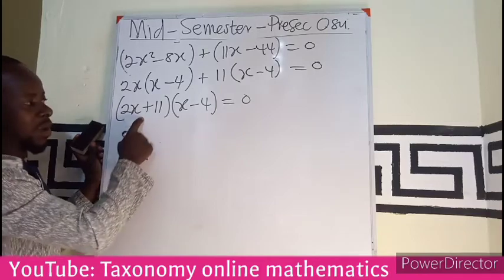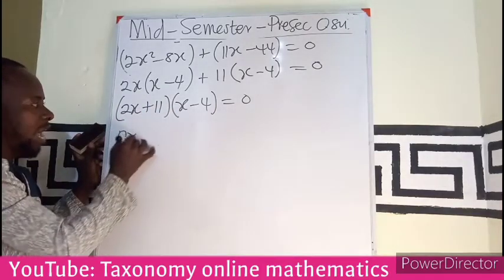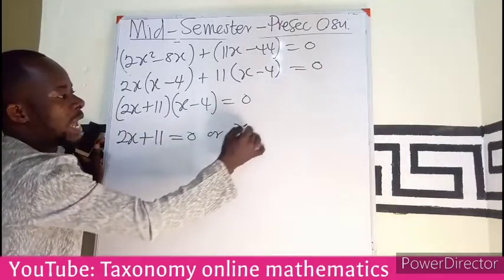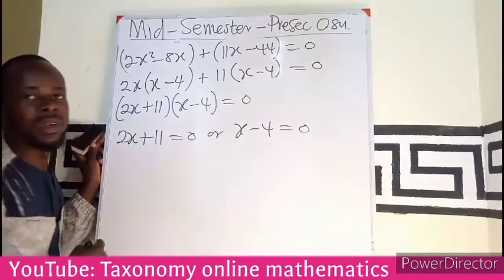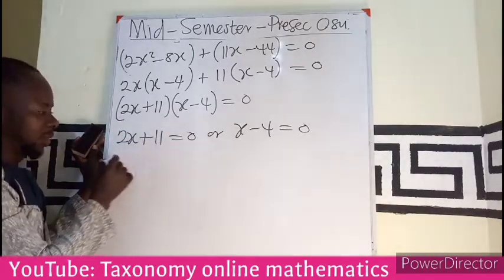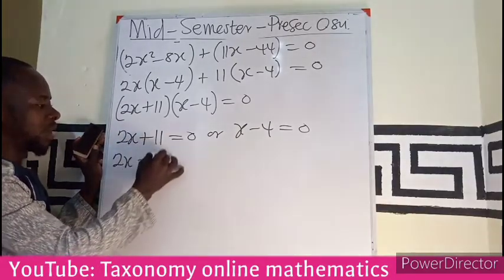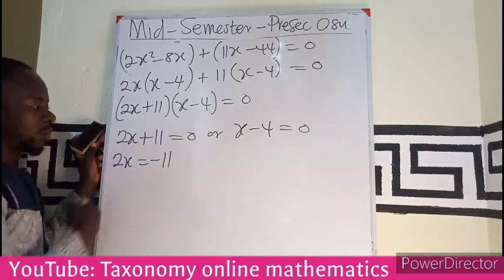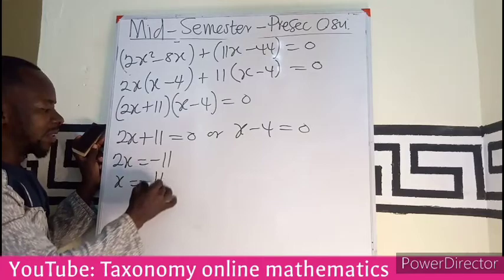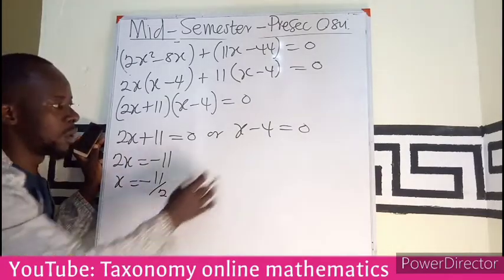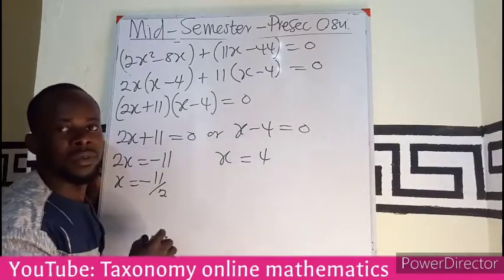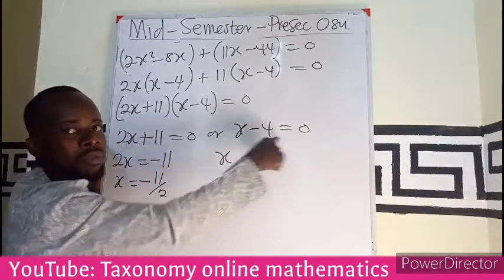So either 2x plus 11 is equal to 0, or x minus 4 is equal to 0. Now we subtract 11 from both sides, so 2x equals minus 11. If I continue to clear the coefficient, x is going to be minus 11 over 2. Or better still, x is going to be 4, adding 4 to both sides.